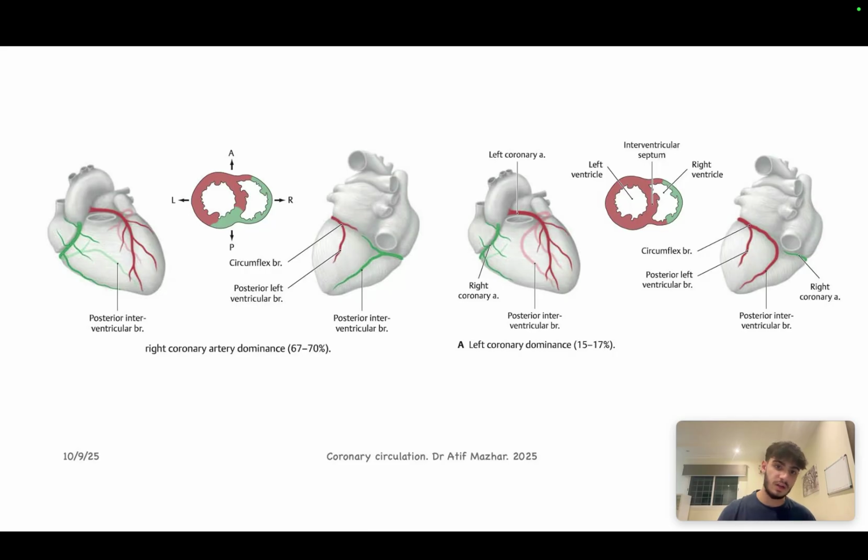Pia could be from the right or the left. Now let's use an example where we have a patient who's right-hearted. If the patient is right-hearted and he has an issue with his left coronary artery, only two-thirds of his interventricular septum is going to be affected, because 1/3 comes from the right coronary artery, which is from Pia.